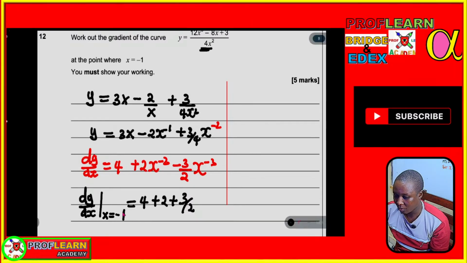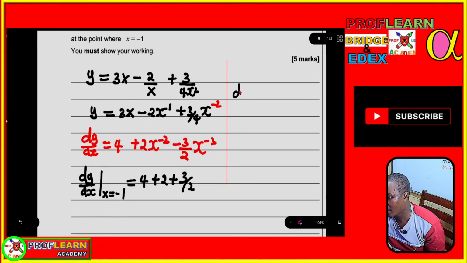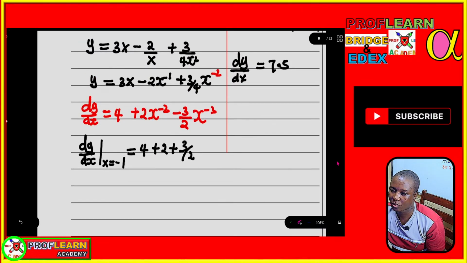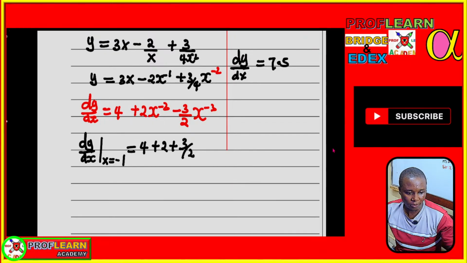If you work it out, the final answer becomes dy/dx equals 7.5. So if you put it in your calculator, it reduces to 7.5 at that point.